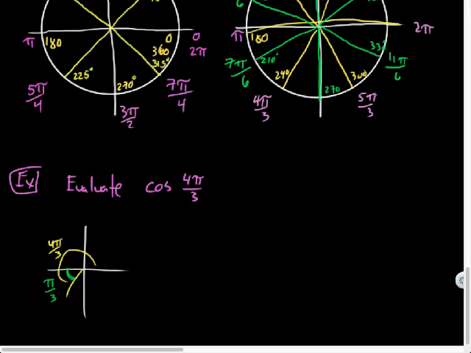So cosine of 4 pi over 3, that's the same as, let's see, question, what quadrants is cosine positive in? See, it's positive, negative, negative, positive, because cosine is the same as the x-coordinate. The x-coordinates to the right are positive, the x-coordinates to the left are negative. So I'm expecting this is going to be the same as the negative cosine of pi over 3.